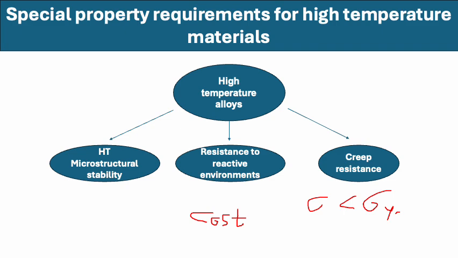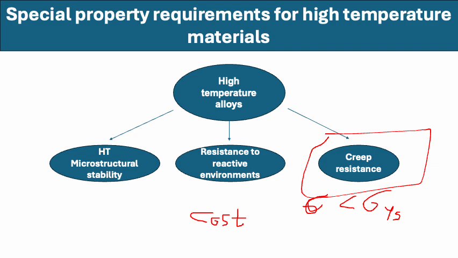If you apply this constant stress, what happens over time is that the material starts to deform. This usually is a problem above 0.5 times the melting point of the material. So we need to care about creep resistance whenever we talk about high temperature alloys.